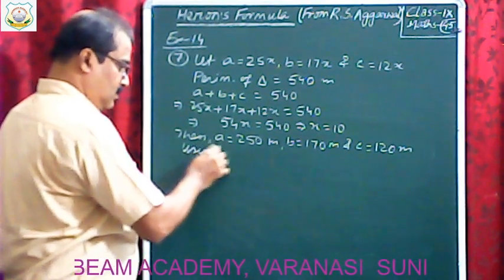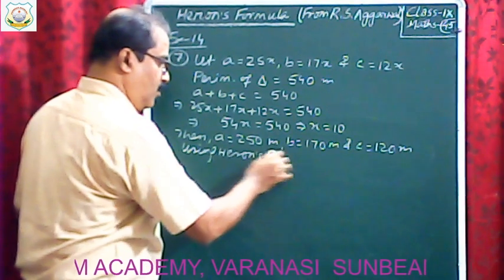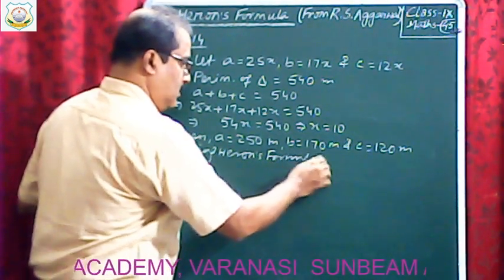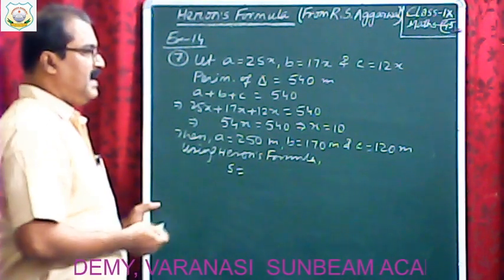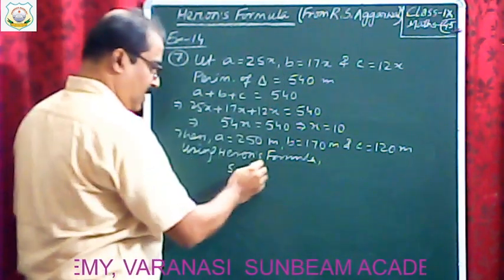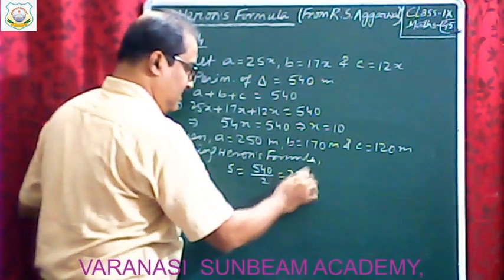So using Heron's formula, S, semi-perimeter. So sum of all three sides is perimeter. We have 540. You have to write 540 by 2, that is 270.